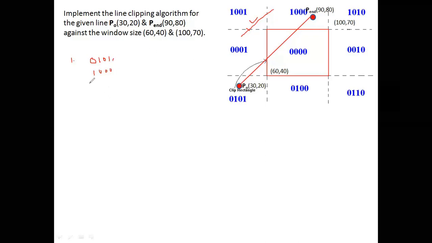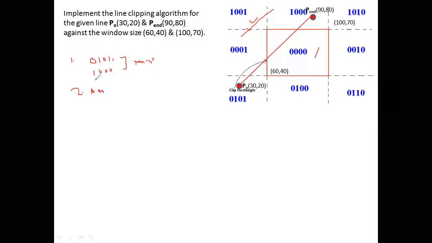Now we will perform the operations. First, the OR operation will result in a non-zero value. You can check it simply. So the first step is over, which means the line cannot be trivially accepted; it does not lie within the visible region. Now the second step: perform the AND operation.